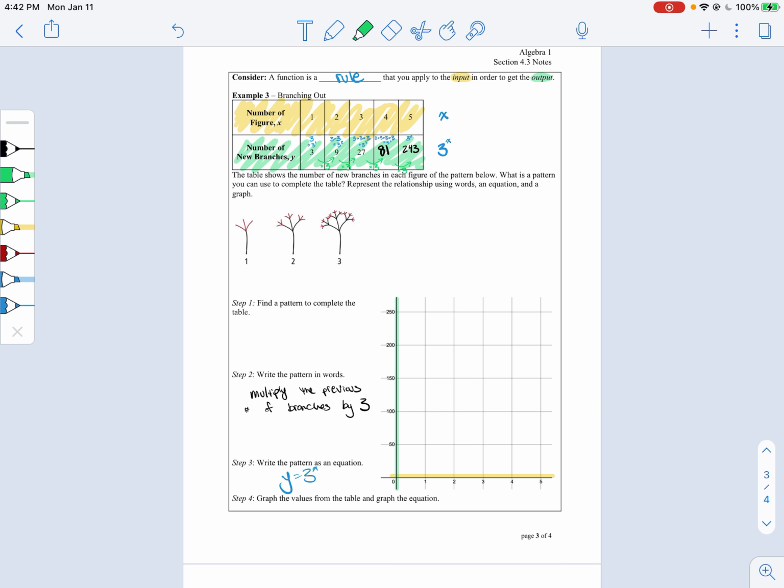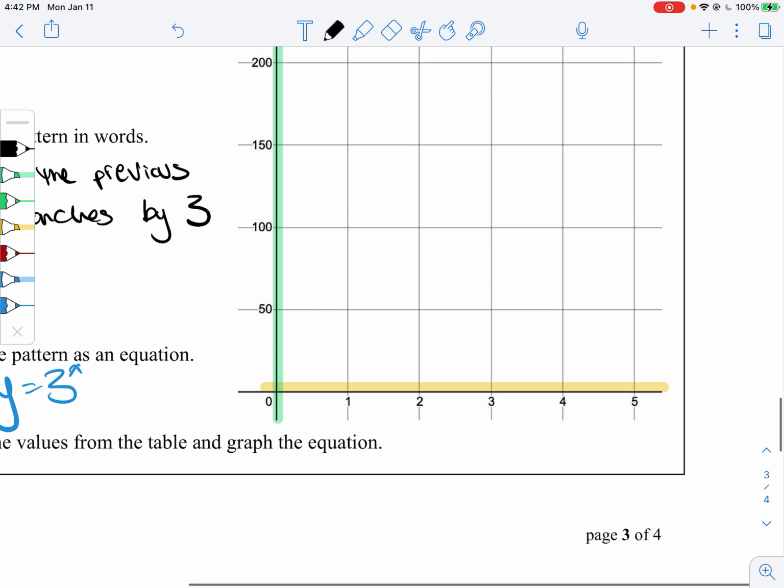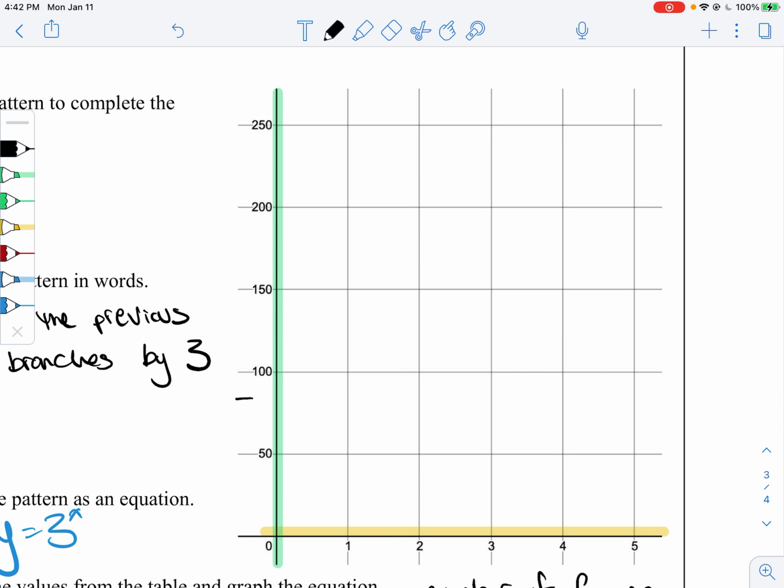Fortunately, our numbers are there. We need to label our axes with the headers on our table, what we're talking about, what x is. So we just say number of the figure, or we can say steps in the drawing, and then number of new branches.